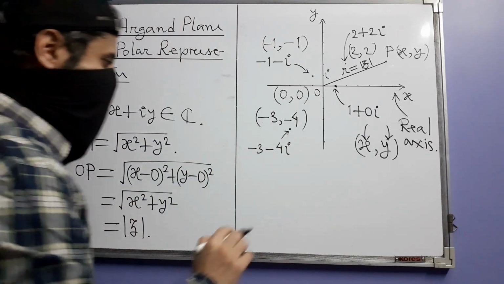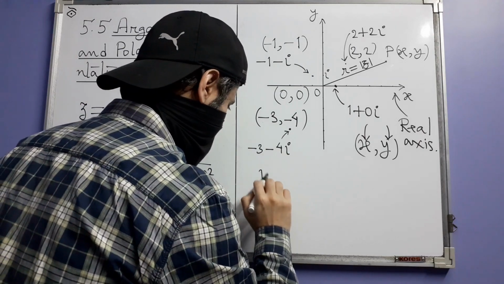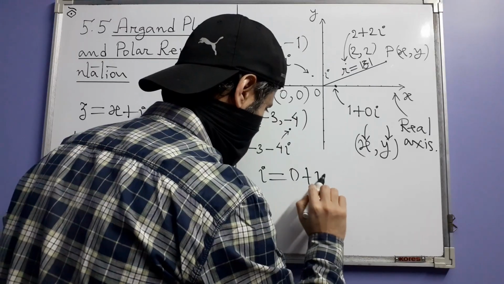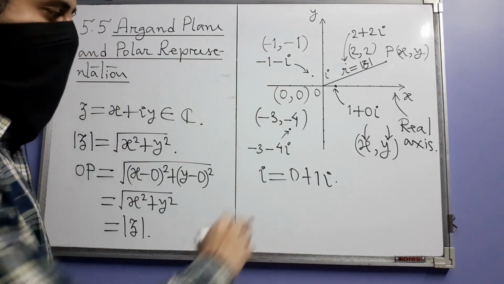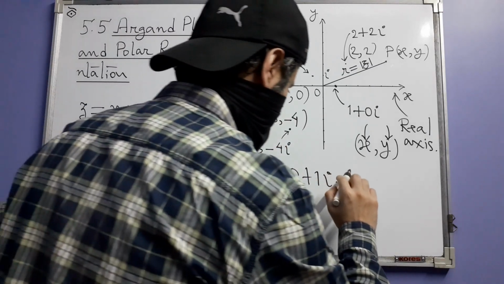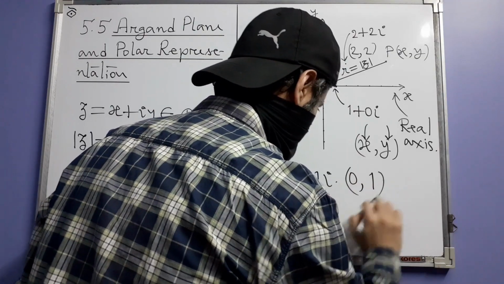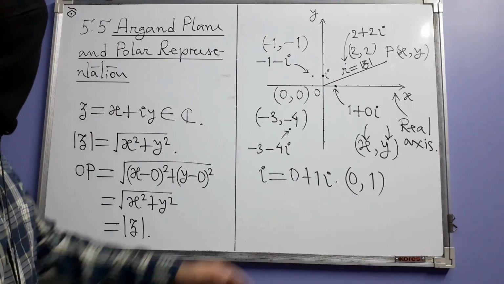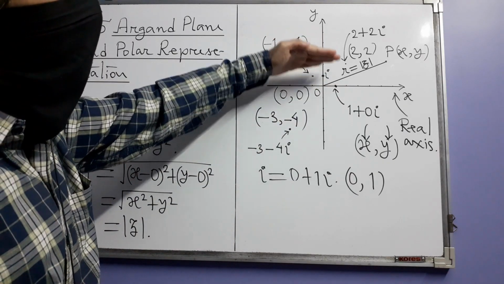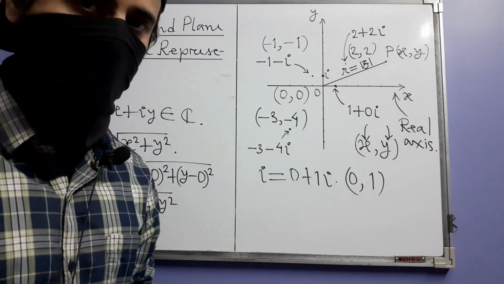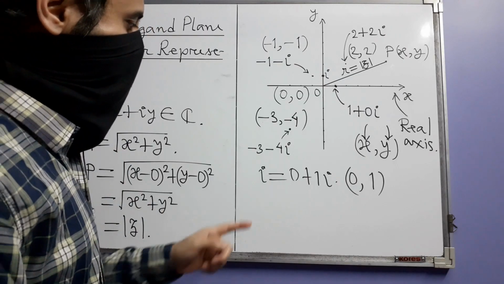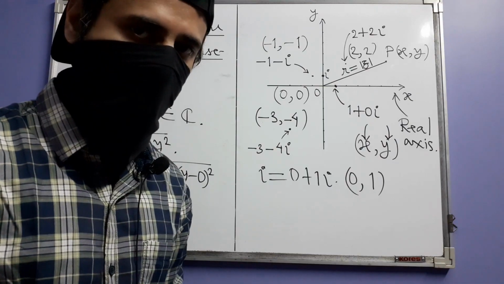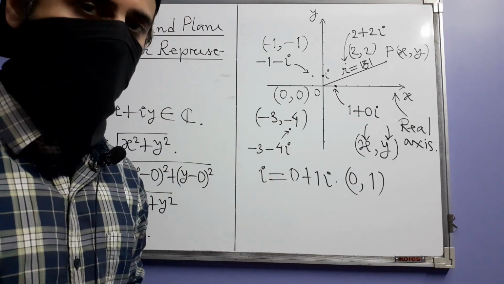Similarly, if you think of this complex number i, which is 0 plus 1i, it comes from the point whose coordinates are 0, 1, and that point is here, on the y-axis, 1 unit above the x-axis. That complex number, however, is a purely imaginary number because its real part is 0.